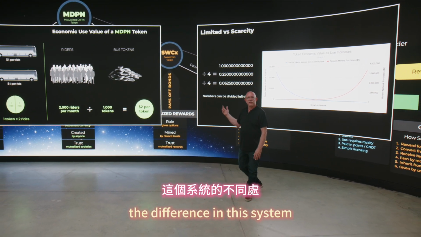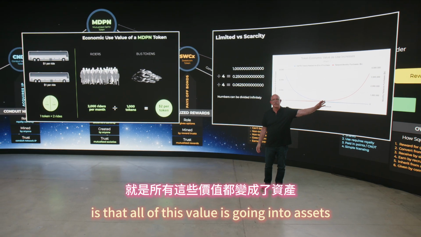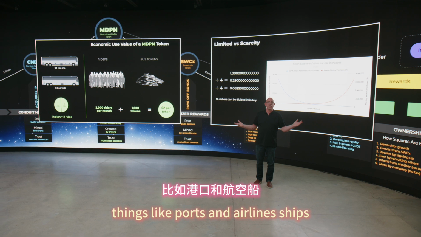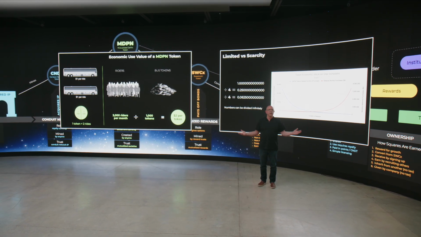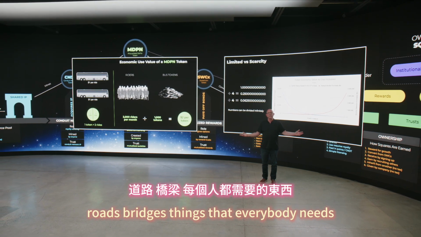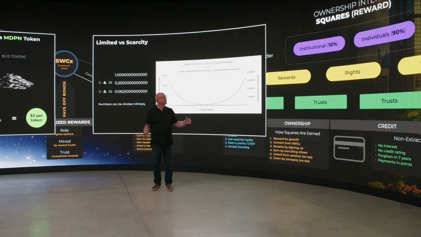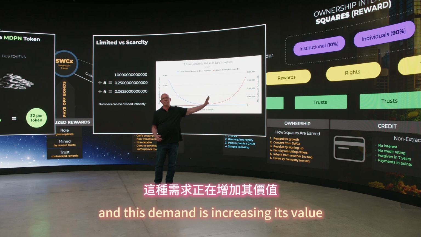The difference in this system is that all of this value is going into real world assets, things like ports and airlines, ships, oil wells, solar fields, roads, bridges, things that everybody needs to live and businesses need to operate. All of this is generating demand, and this demand is increasing its value.